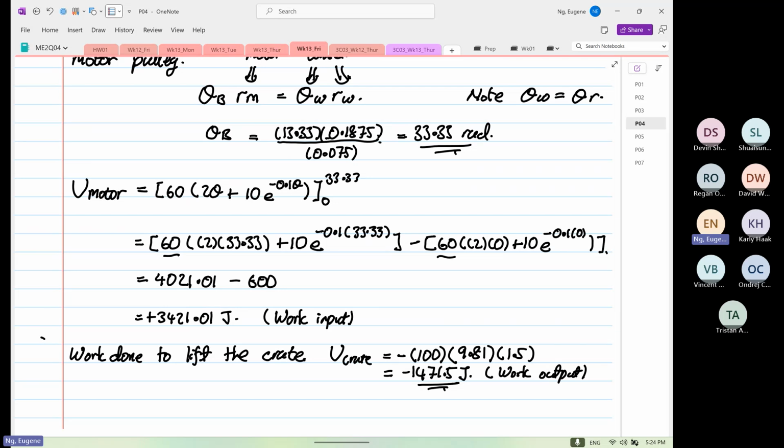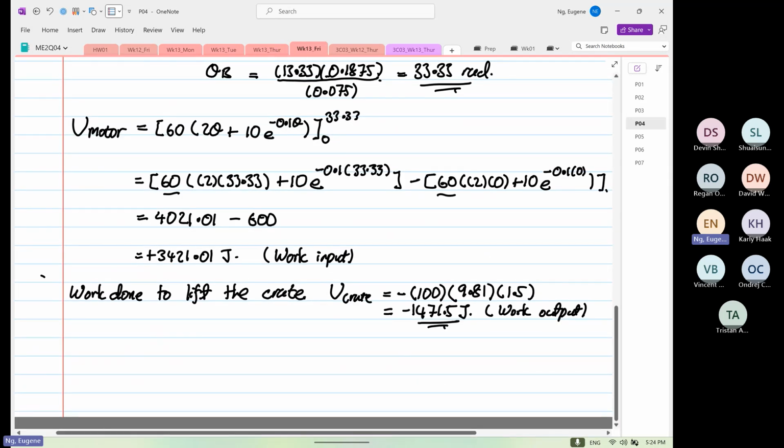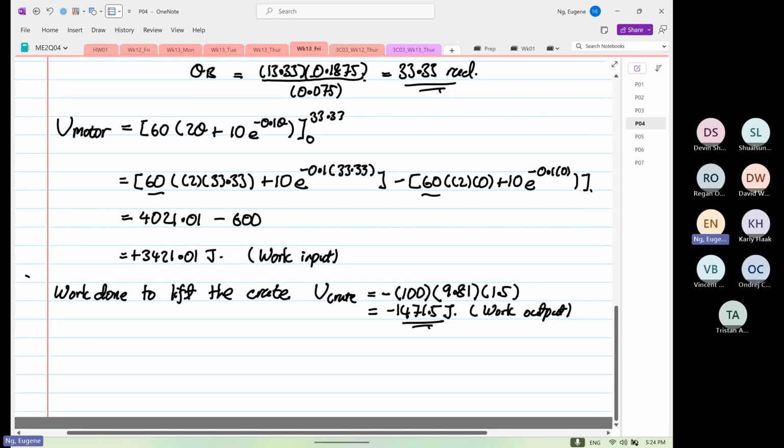So this is to overcome the what? The weight with a specific distance. Okay. So finally, therefore, I thought this question is very short. Right. So therefore, I'm going to go to the next page.